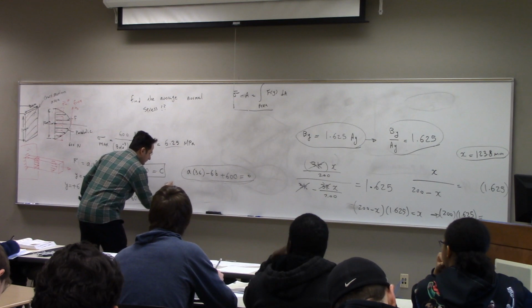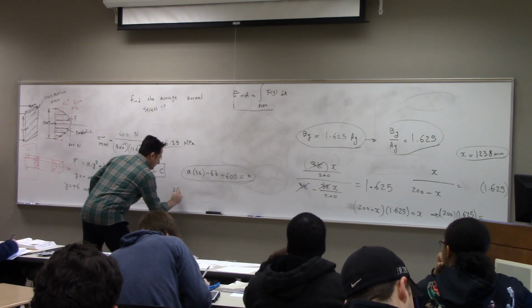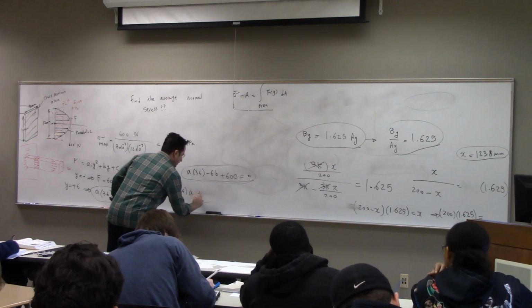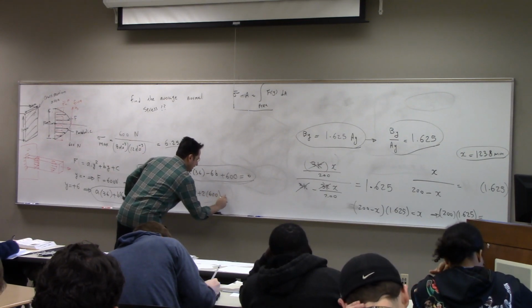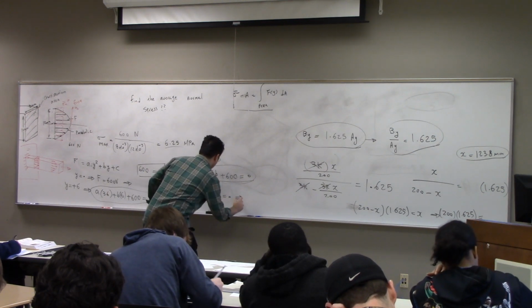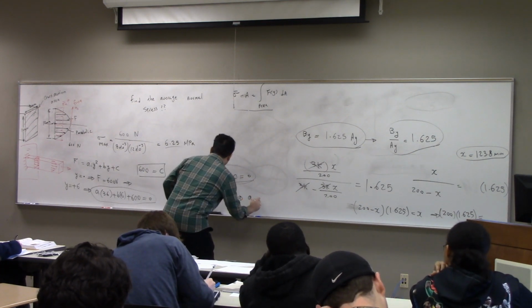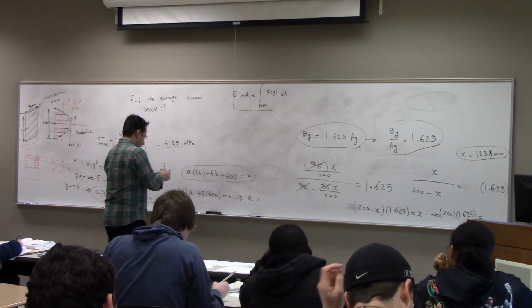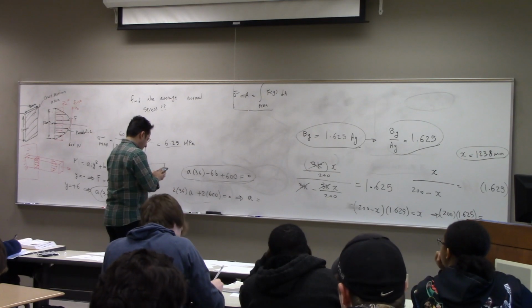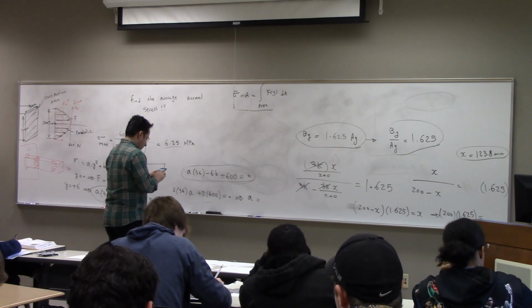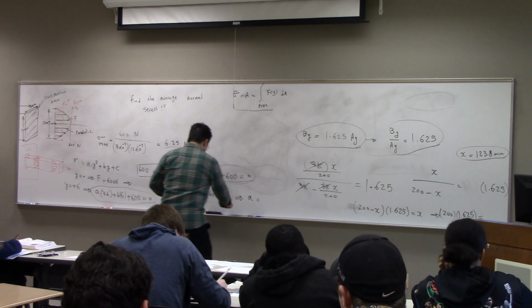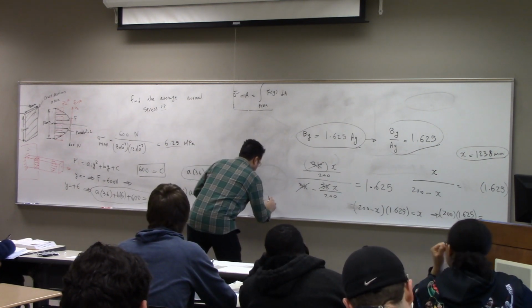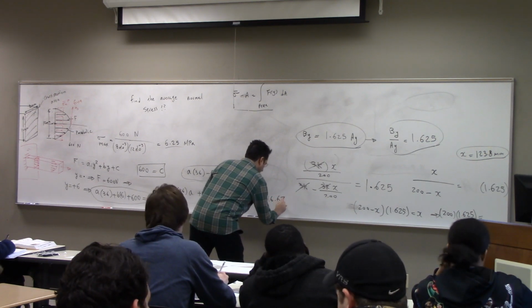So if I add these two equations together, what do I get? 2 times 36 times a plus 2 times 600 is equal to 0. That means your a is equal to negative 600 divided by 36, negative 16.67, don't forget the negative sign.